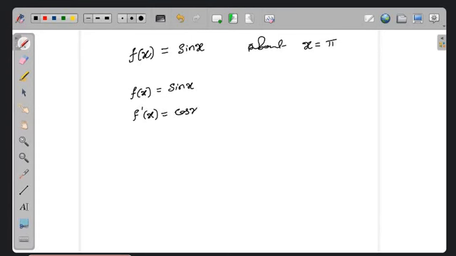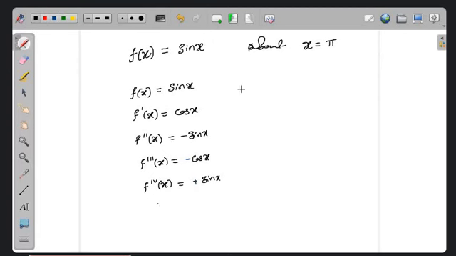Cos x, and the second derivative is minus sin x, and the third derivative is minus cos x. Oh, why do I write plus cos x? This is minus sin x, minus 1, no? Yeah. And now the fourth derivative becomes plus sin x.